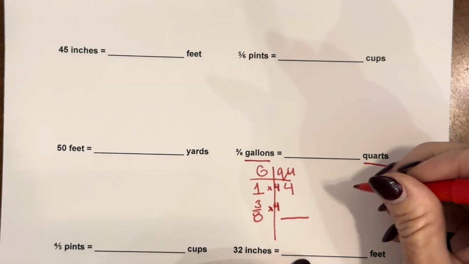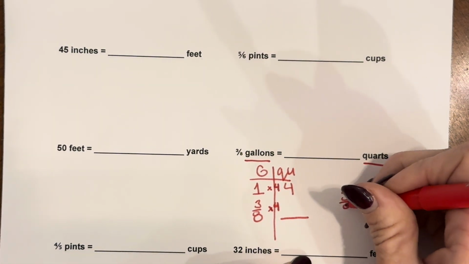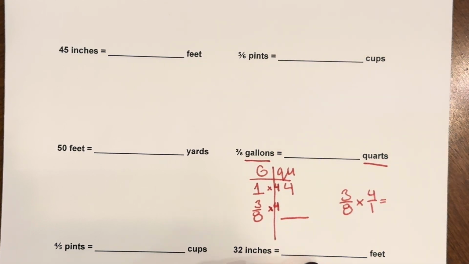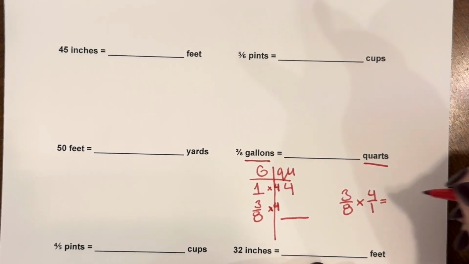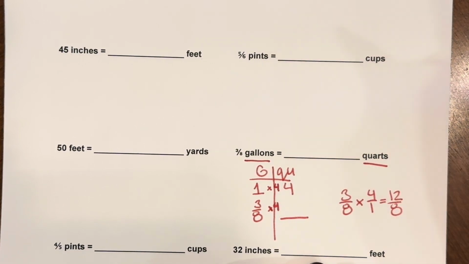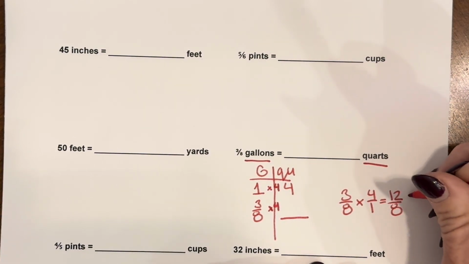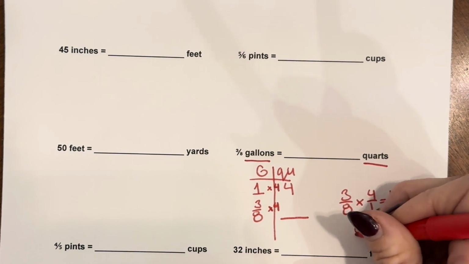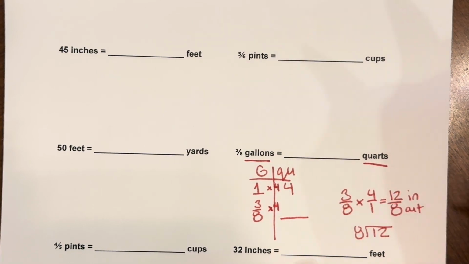So let's see, what is 3/8 times 4? 3/8 times 4 is the same as 3/8 times 4 over 1. And when I multiply straight across, I get 12/8. And when I do in and out, I'm going to put my 8 outside and my 12 inside.